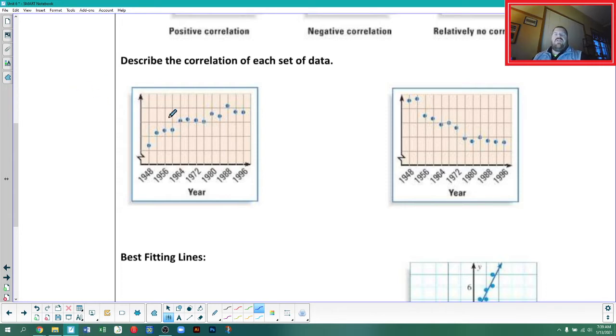Looking at this first one, as x gets bigger, y gets bigger, so that's a positive correlation. On this one, as x gets bigger, y gets smaller, so that's a negative correlation.